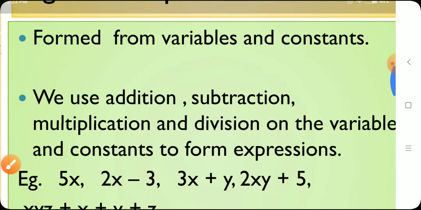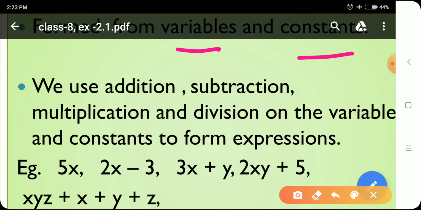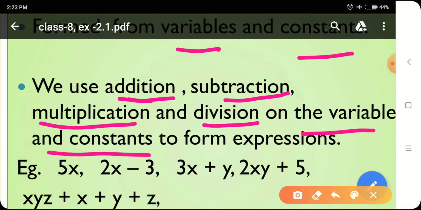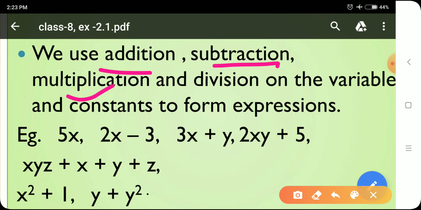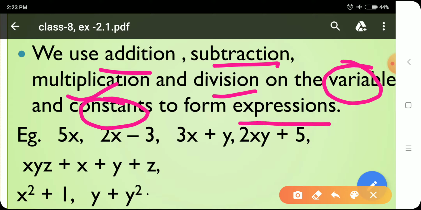Whenever we use addition, subtraction, multiplication, and division on variables and constants, we form expressions. For example, 5x.